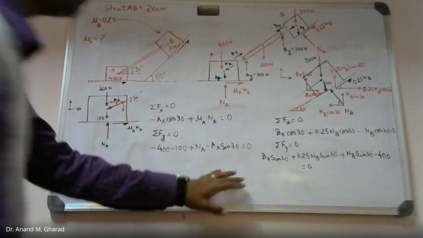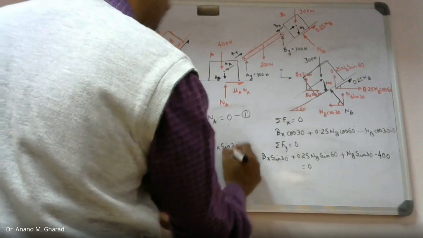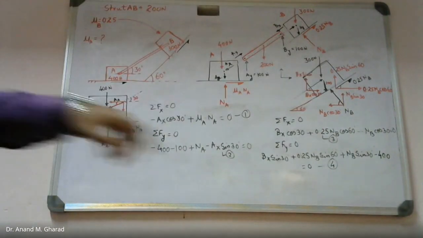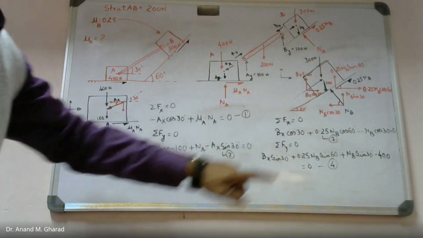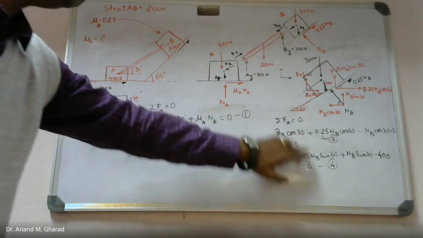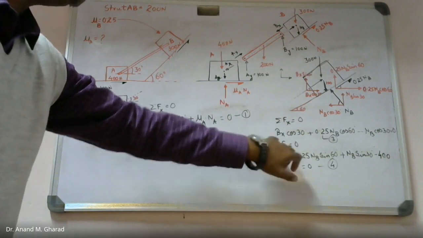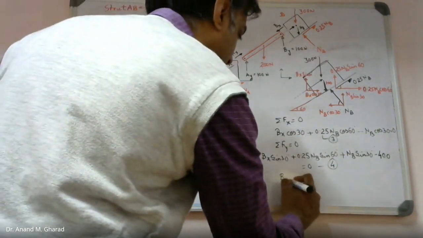Okay? So this is, let's say, equation 1, this is equation 2, equation 3 and 4. These are 4 equations. From this, I think you can get some value because over here you can see mu value is already given to you. Unknowns are only 2, Bx and Nb. So you can identify the Bx and Nb terms.